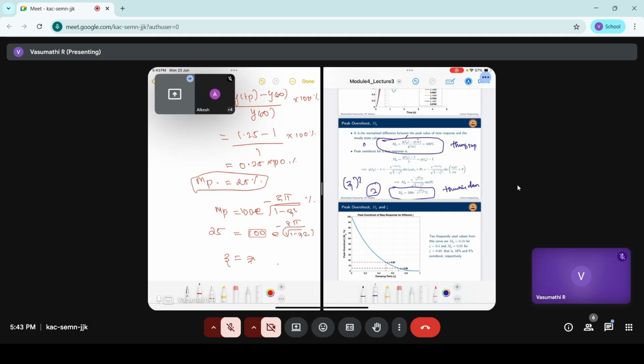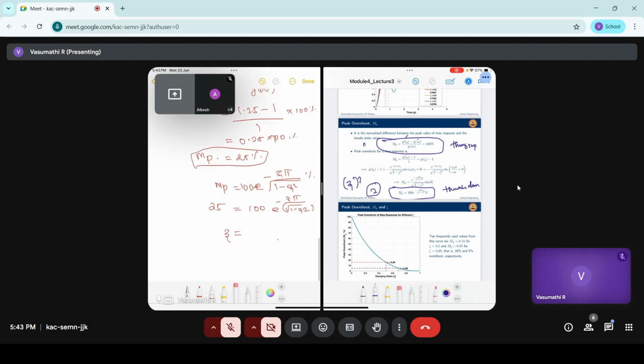Can you solve and tell me the answer? Just equate these two things. Everybody getting an answer? 0.4. Yes, ma'am, doing. Okay.